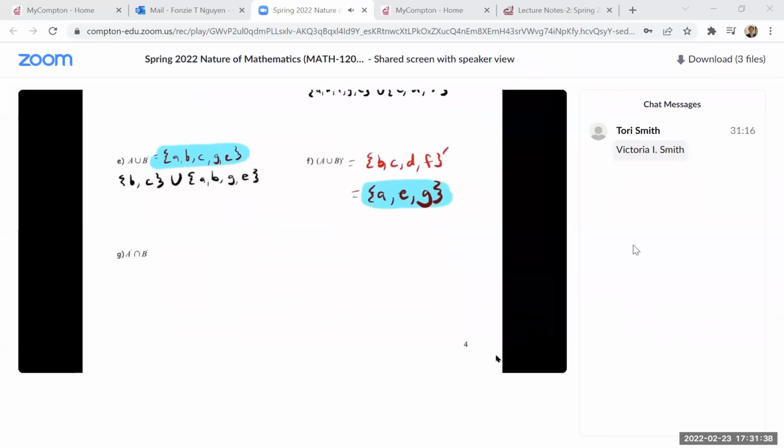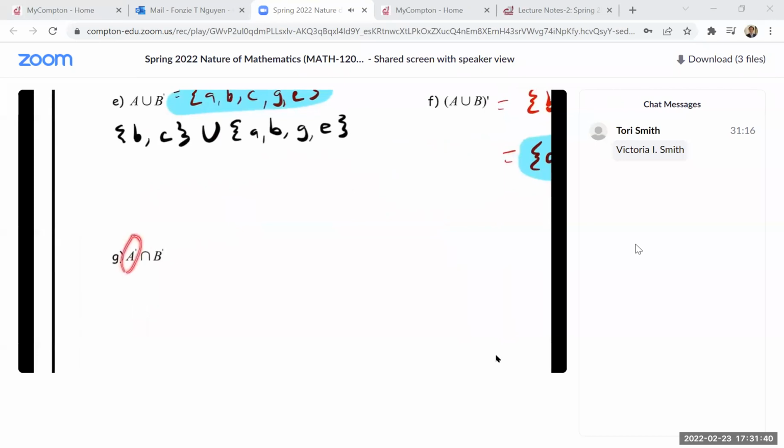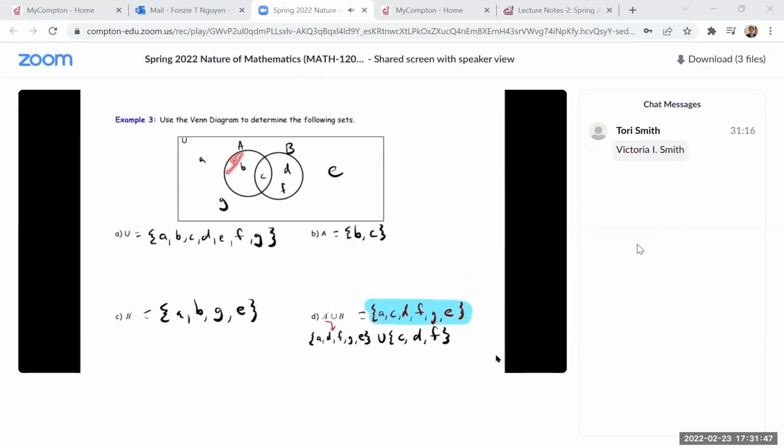All right, last one. So now we have to find both the complements first, and then we take the intersection after. So let's find A complement first. Everything outside of A would be? A, D, E, F, G, right?